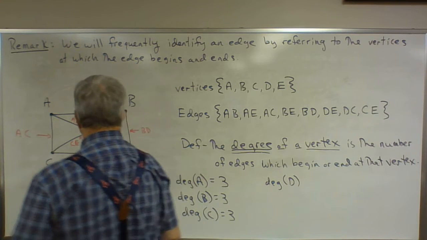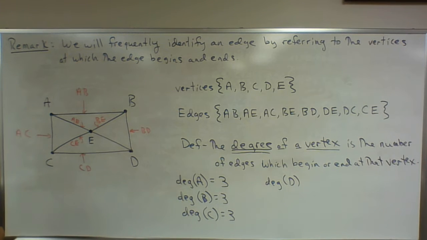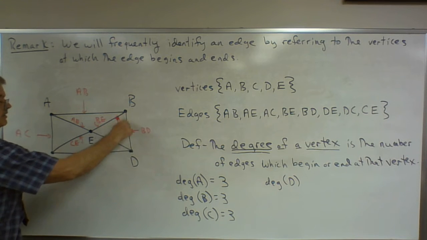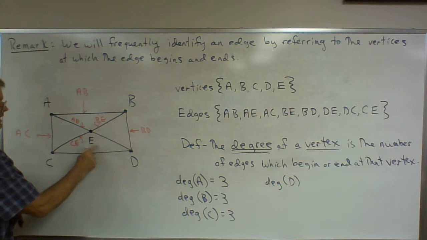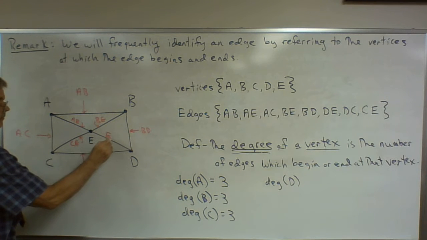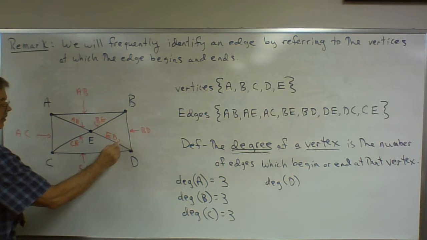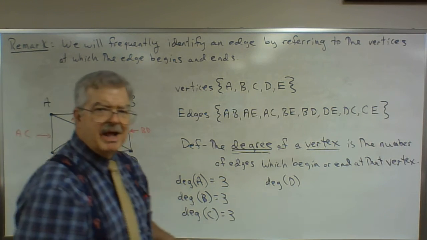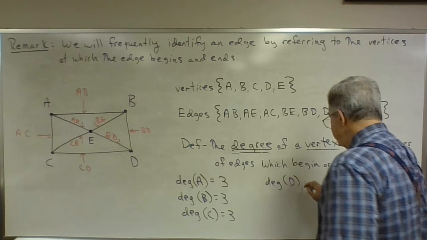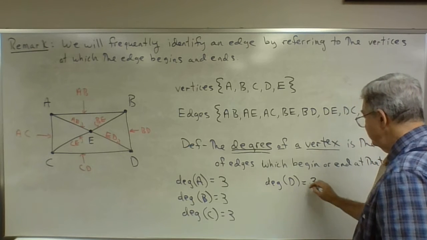The degree of vertex D, pretty much the same. We have edge CD that comes into D. We have edge BD that comes into D. And we have edge ED, which comes into D. Well, this is getting monotonous, isn't it? The degree of vertex D is 3.